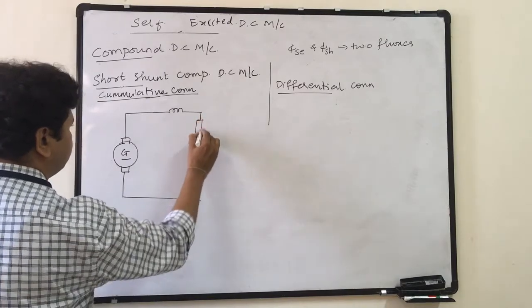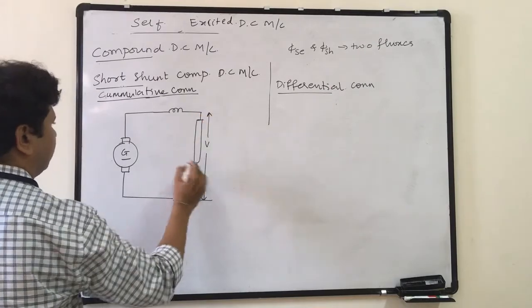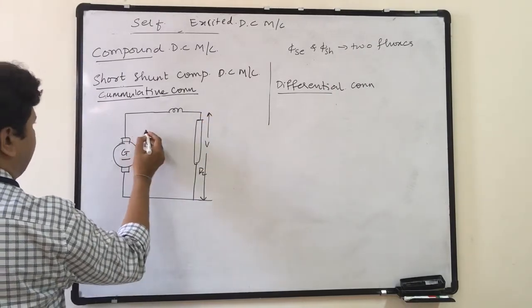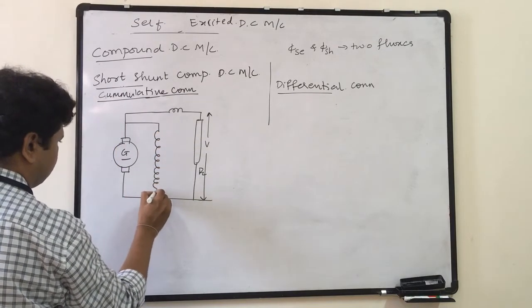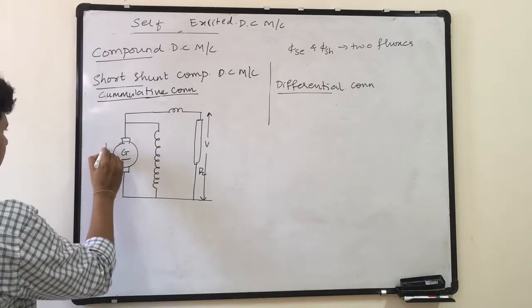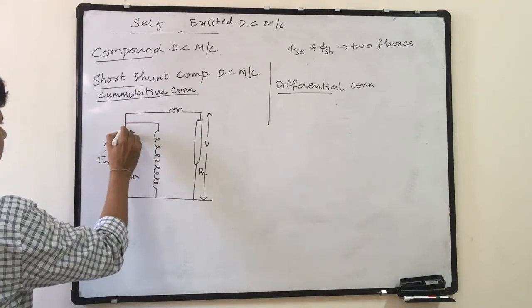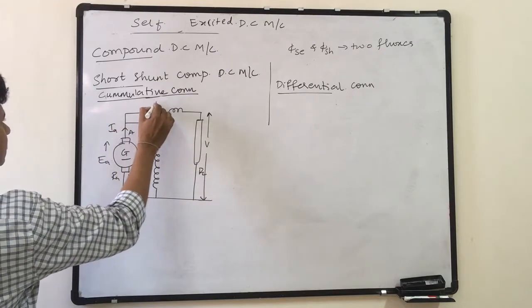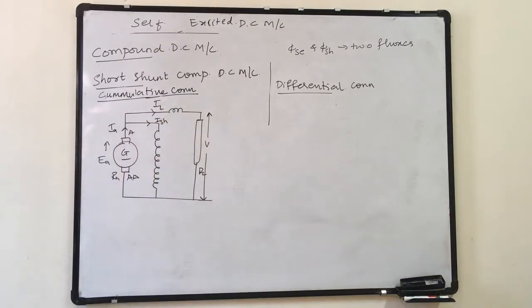So this is the load. This terminal voltage V, let this be RL, and this will be the field winding, EA, RA, this is IA, this is IL, this is ISH. Again, cumulative or differential depends on the connection.